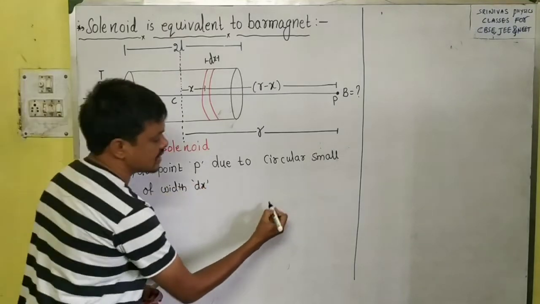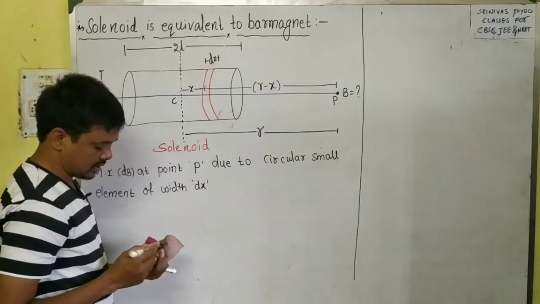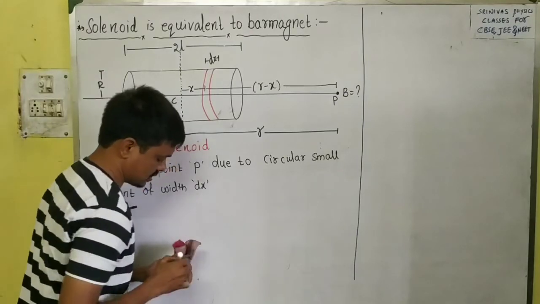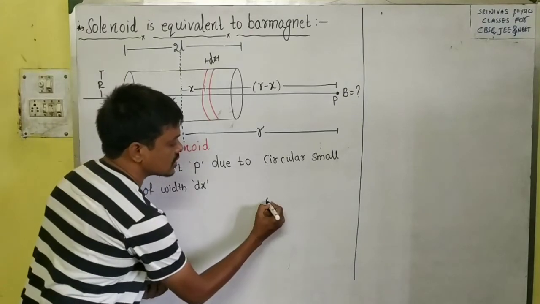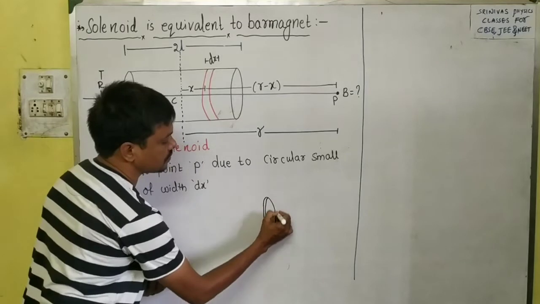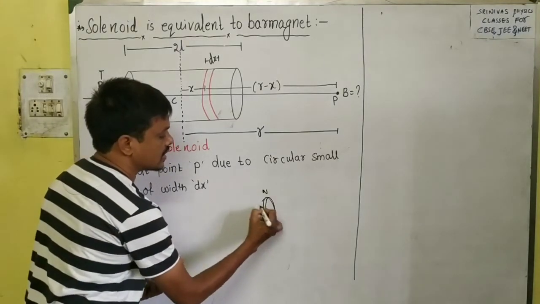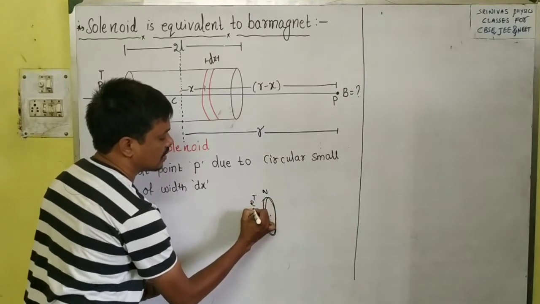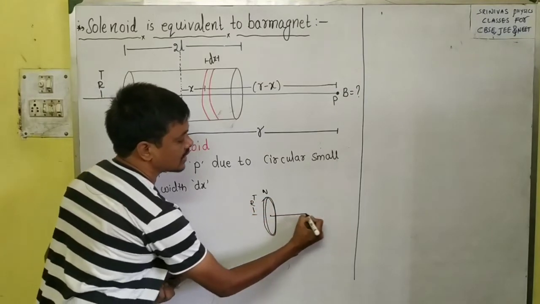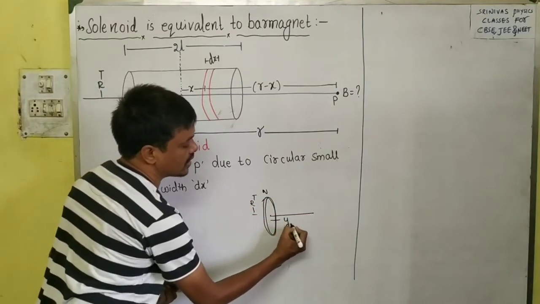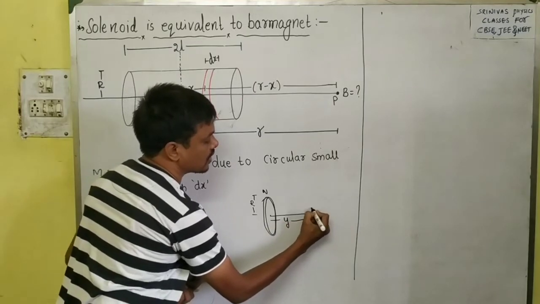Then for that, let us write the formula first. What is the formula? We know this is a small element. For example, if it has n turns and its radius is capital R, and on the axis at a distance y, we know the formula for the magnetic induction.